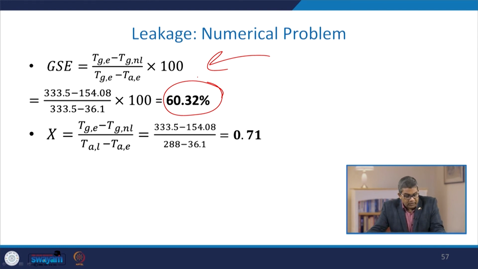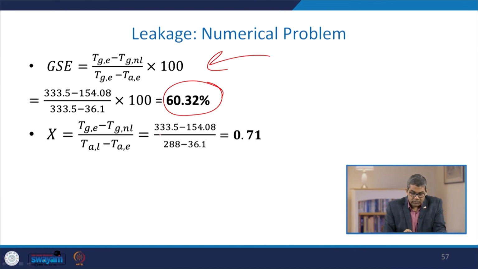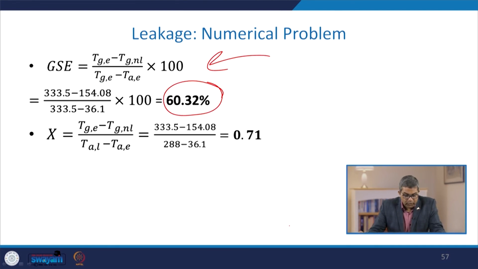We can then calculate X, that is (TGE minus TGNL) upon (TAL minus TAE), with the values 333.5 minus 154, which we calculated earlier, upon 288 minus 36.1, and it comes out to be 0.71.